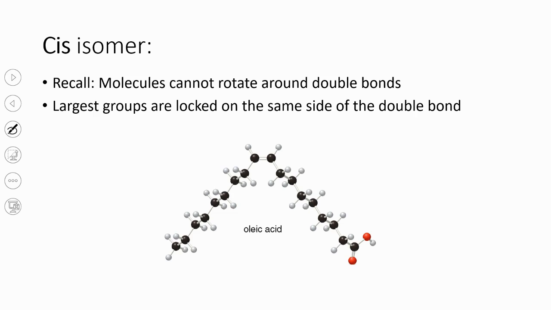All right, so I just wanted to pull in, have you guys heard of oleic acid? This comes up in either nutrition or biology sometimes. This is a pretty common cis molecule. If we cut the molecule through the double bond, the biggest groups are on the same side, the cis conformation of this molecule.